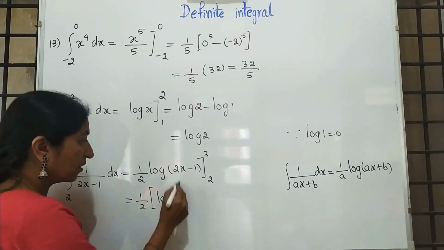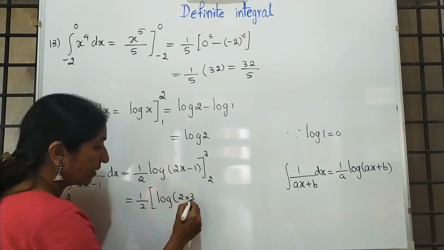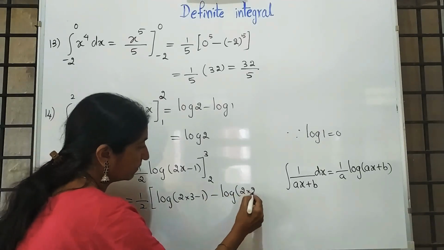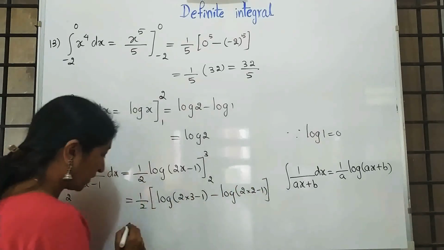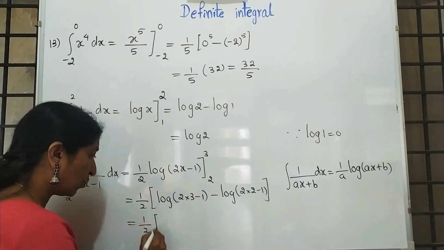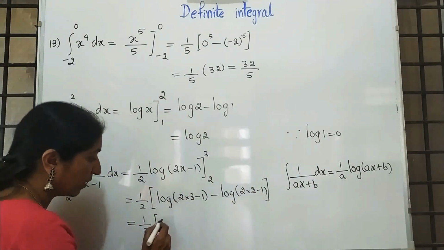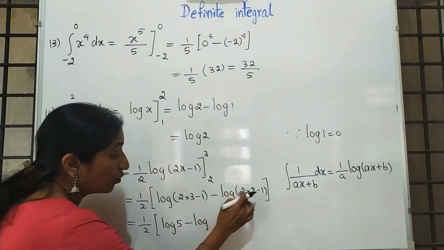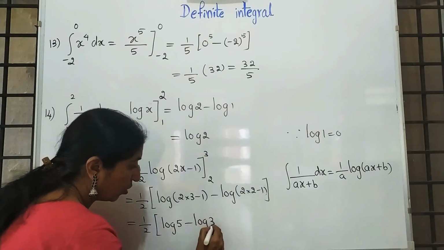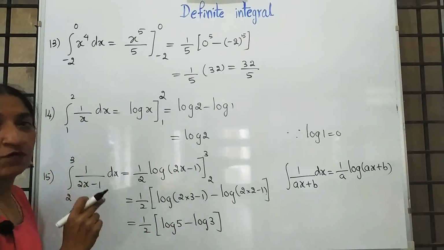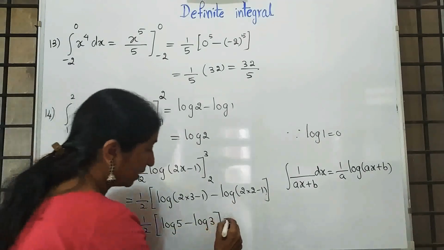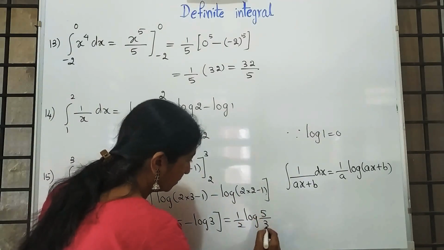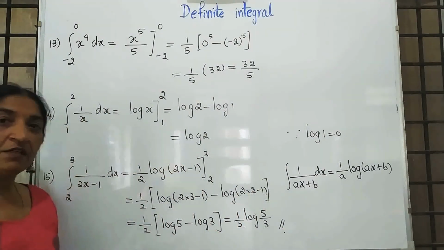Log, in place of x write down first upper limit minus lower limit. So it is 1 by 2 log, 2 into 3 is 6, 6 minus 1 is 5, log 5 minus log 2 into 2 is 4, 4 minus 1 is 3, log 3. It is in the form of log m minus log n, that is log m upon n. So this is the answer.